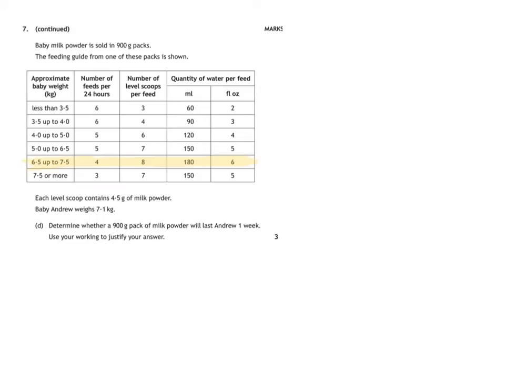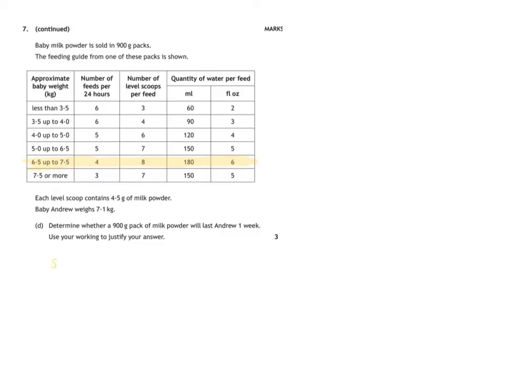We then keep going. We need to determine whether a 900 gram pack of milk powder will last 1 week, using our working to justify our answer. So if we look at our table, we know that each scoop contains 4.5 grams of milk powder. And we know the number of feeds per 24 hours is 4, and each feed requires 8 scoops.